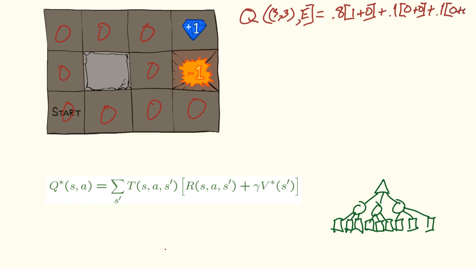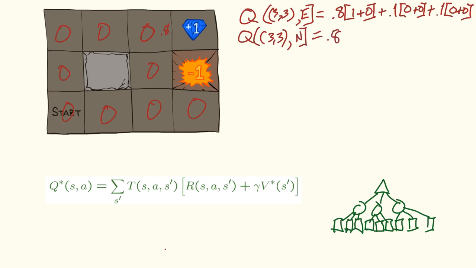So this means that the Q value for going east is 0.8.